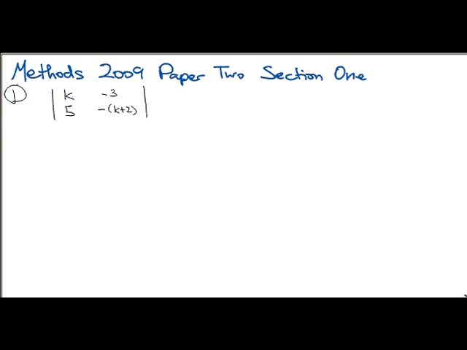And you know that you want that to not equal 0 for unique. So why don't you just solve for this thing equals 0? So you know that the determinant is equal to minus k plus 2, so you cross multiply, and then times minus negative 3 times 5, it's going to be plus 15.